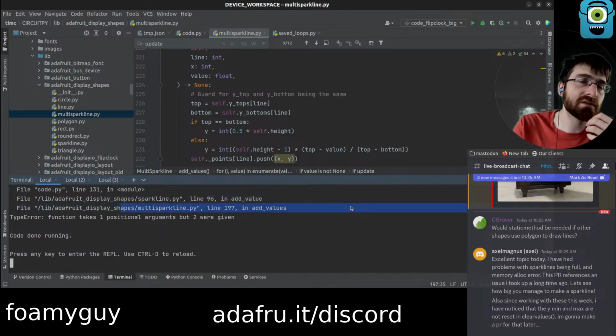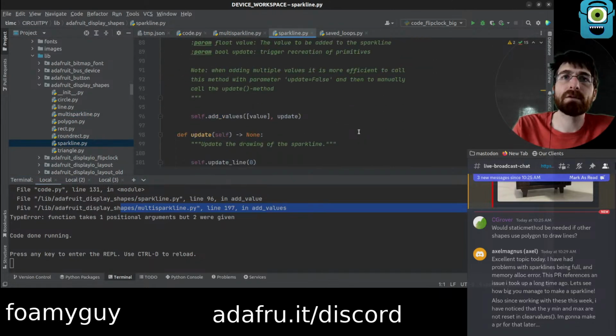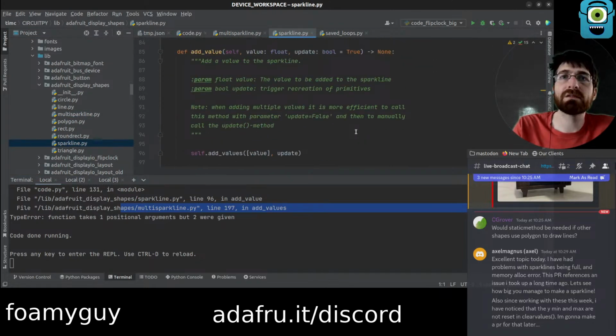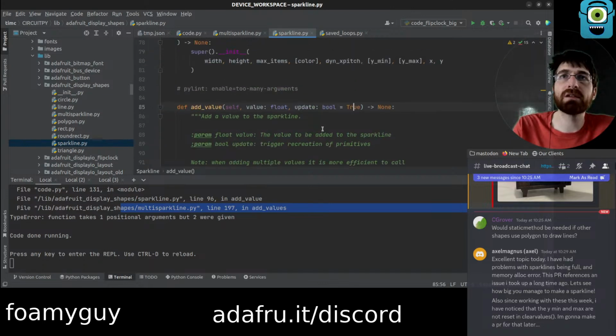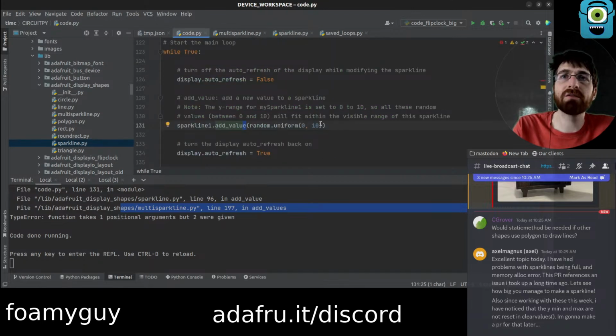Strangely, a different error. The update does exist somewhere. Line 96. This is inside add values, and this is update the Boolean here. So our code is add value random.